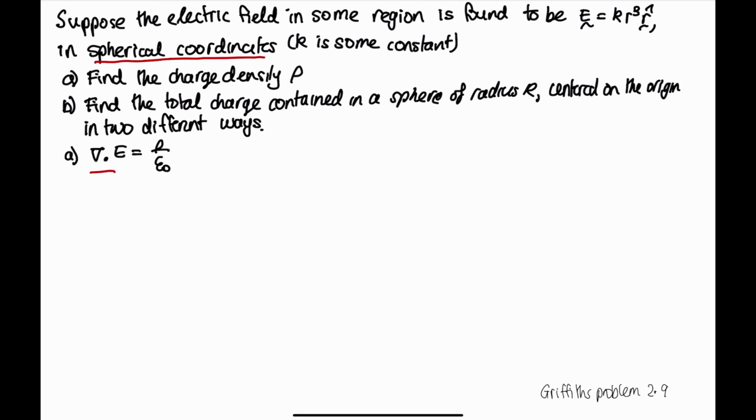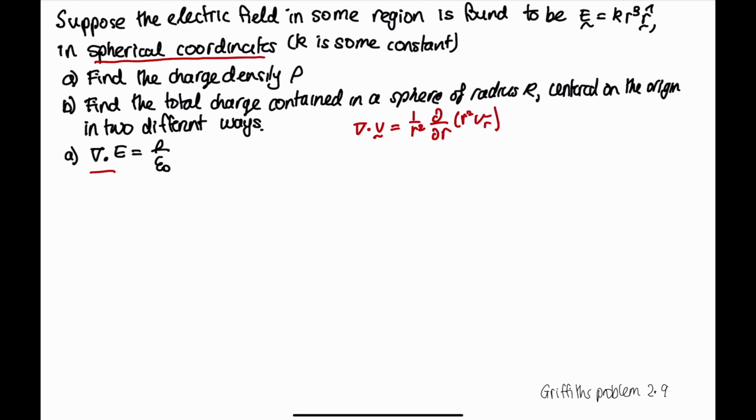But just a reminder for this one, the divergence of some vector field V in spherical coordinates we can write as 1 over r squared times the partial with respect to r of r squared V_r.